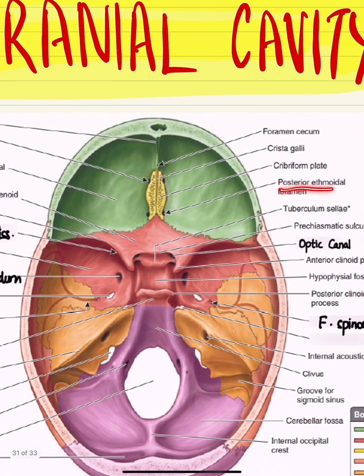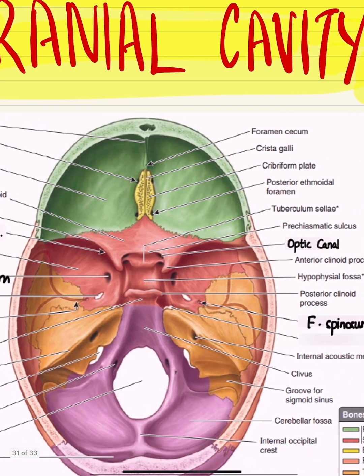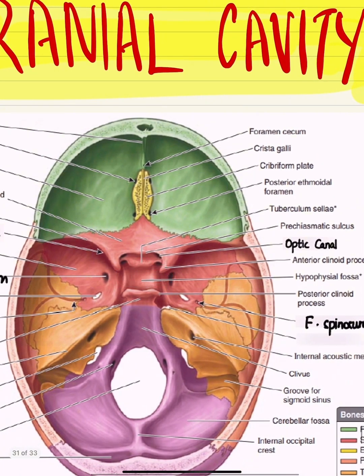And there is an anterior ethmoidal foramen and posterior ethmoidal foramen. And here is our lesser wing of sphenoid bone. There is a superior orbital fissure, and this is the hypophyseal fossa for the pituitary gland. This is our optic canal. This is our superior orbital fissure.